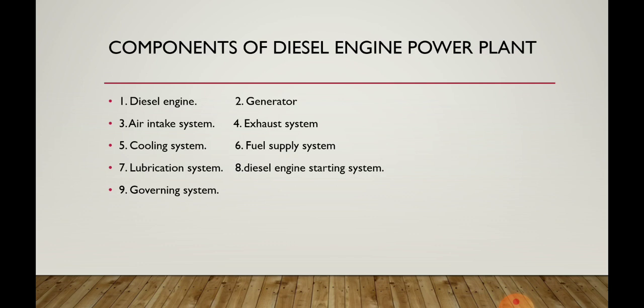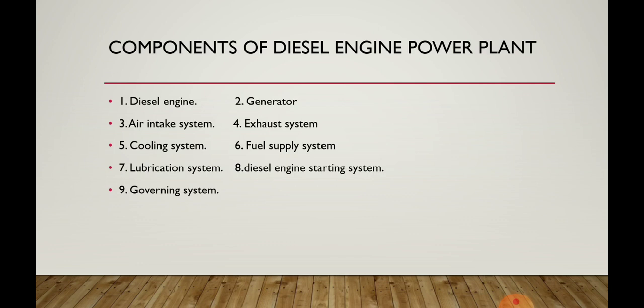Next is the diesel engine starting system. The diesel engine used in the diesel power plant is not self-starting. So the diesel engine starting system is an arrangement to give the engine an initial start until the firing starts and the unit runs with its own power.